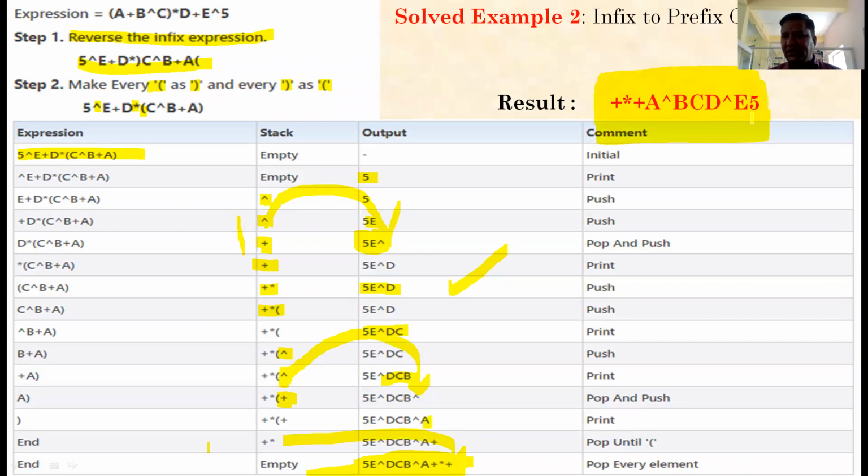You will get an answer. Reverse that answer, and you will get your result in prefix form. This is how infix to prefix conversion works by using a stack. Hope this is clear. Okay.